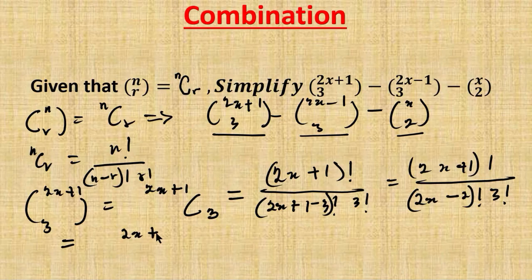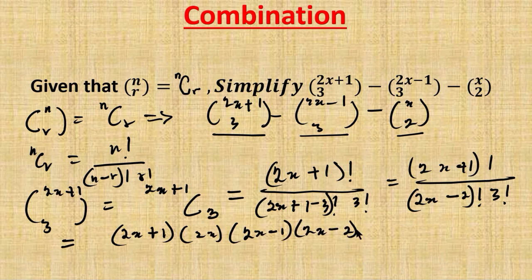So we can rewrite this as (2x+1) factorial, that will be (2x+1) into (2x+1 minus 1), that will be 2x, into (2x minus 1), into (2x minus 2) factorial. Now I'm stopping at (2x minus 2) factorial because at the denominator here, I have (2x minus 2) factorial.